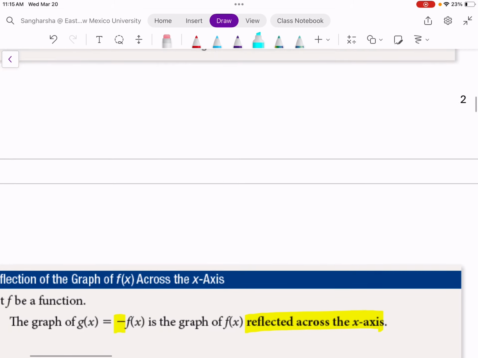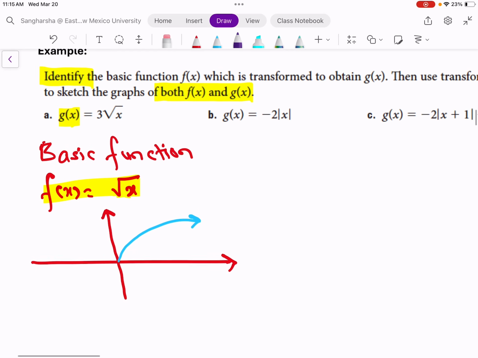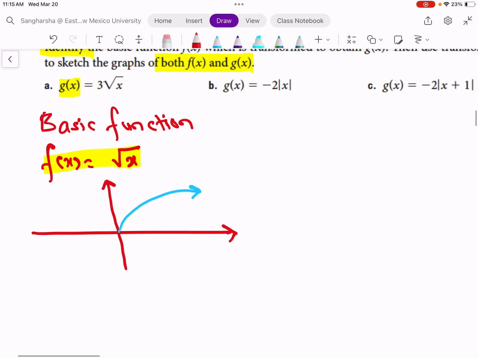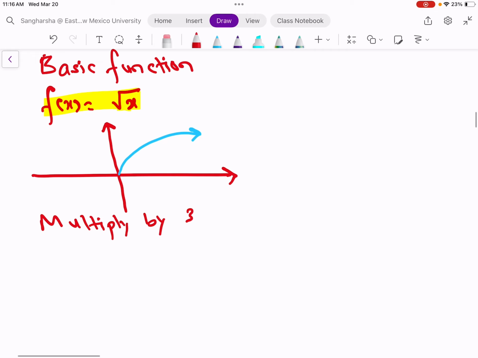Now how do we draw that here? What will be your final graph? We have to multiply the basic function by 3, and whenever we multiply by 3, the graph is stretched vertically away from the x-axis.